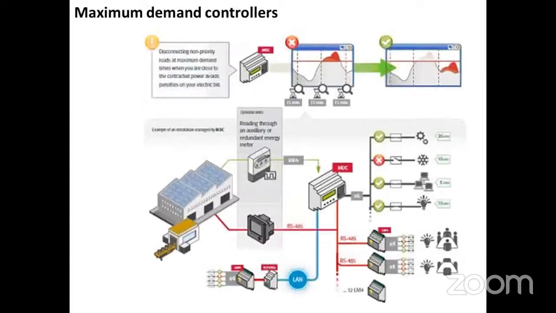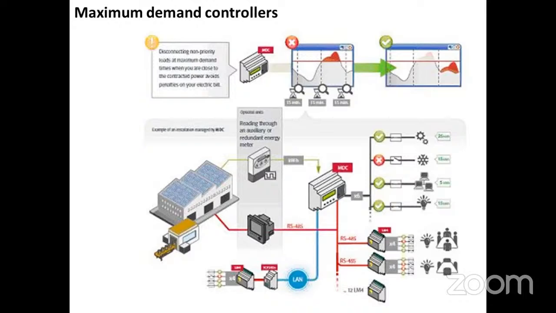This is the typical diagram of maximum demand controllers. What it will do: if the maximum demand reaches a certain point, it will cut off the loads. A separate circuit is provided for this, in which essential and non-essential loads will be there.